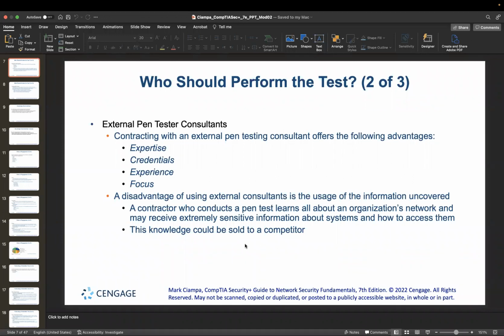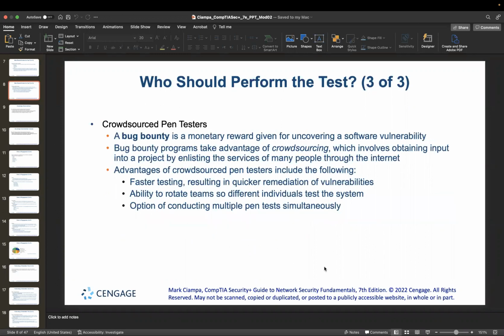Also, sometimes they can sell this information to a competitor, because they will be freely doing recon on your network. And they're going to gather maybe more than enough information than you want to have out there. So again, as you can see, pros and cons happen over here as well.